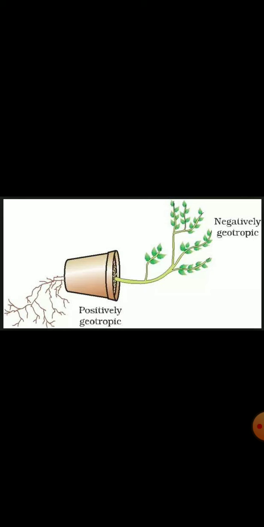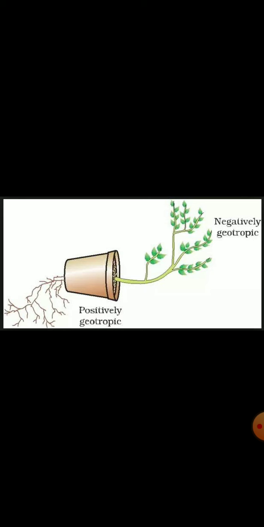Now look at the shoots. The tips of the plant will always grow up, as it shows negative geotropic movement. Even if we keep the plant horizontally, the leaves or the shoots do not grow horizontally. It goes upwards. In the figure you can see.